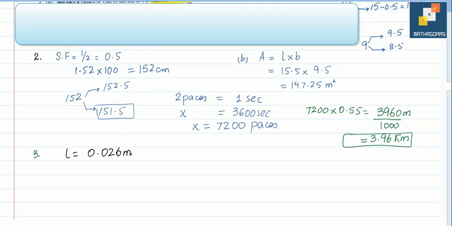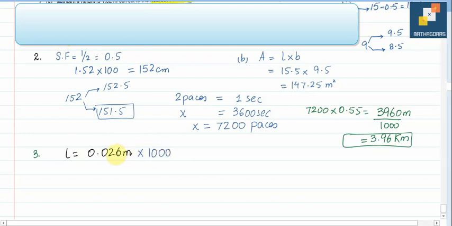So first you need to convert your unit into millimeter, and for that purpose we need to multiply by 1000. So 0.026 multiplied by 1000 is 26 millimeter. Alright. The scale factor is nearest millimeter. That means the scale factor in this question is 1/2 millimeter, or 0.5, you can say that.